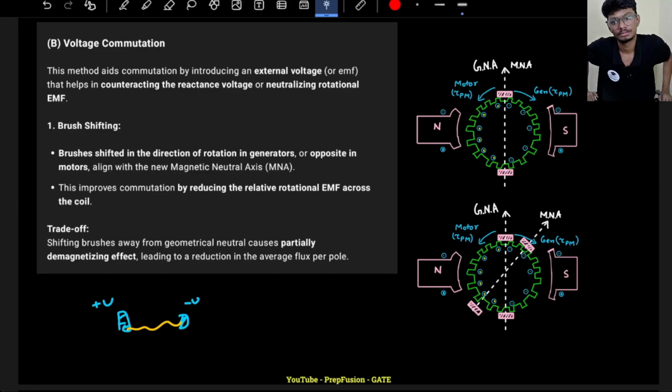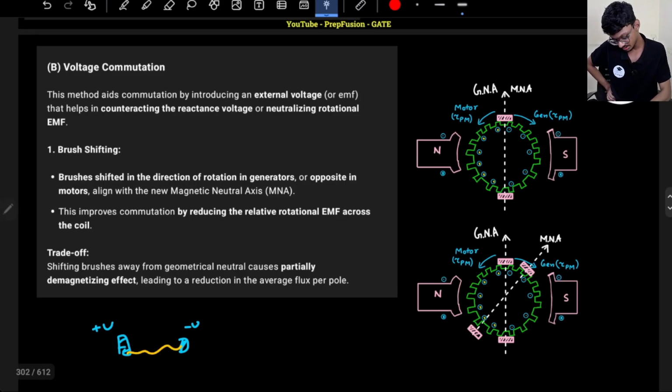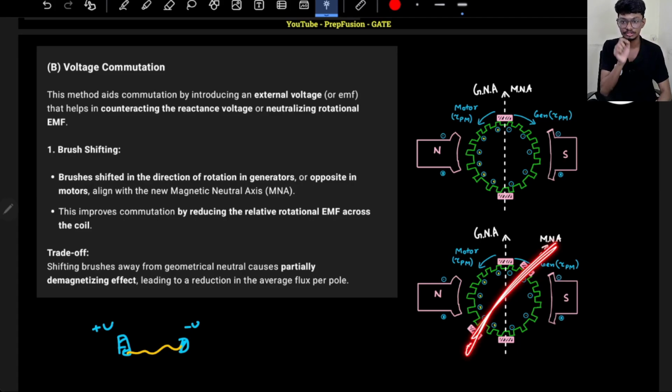Okay, so there are two ways I can do this. Either I can shift my brushes here. If the brush is here, this conductor still has some EMF, and there will be a reactance voltage. If I shift my brush along the MNA, what will happen? On this axis there is no induced EMF, so there will not be any sparking.